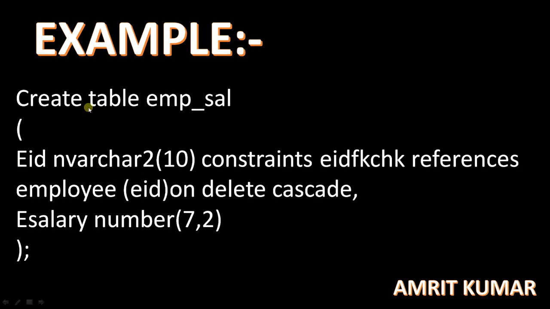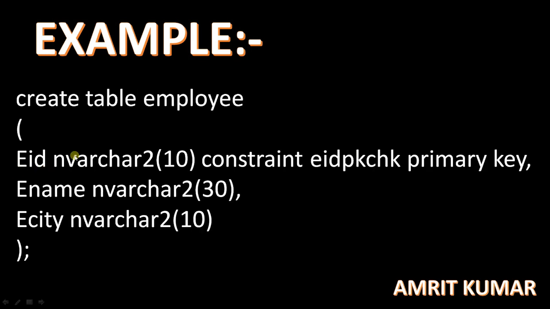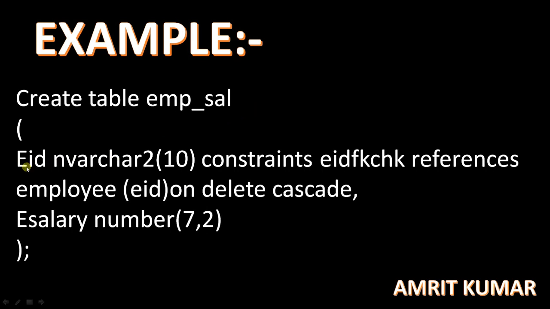Now we are using another table, employee salary, and here EID, which is a field of the employee table, is used as the foreign key: EID NVARCHAR2, constraint EID_FKCHK REFERENCES employee EID ON DELETE CASCADE. So this is the code for foreign key attributes.